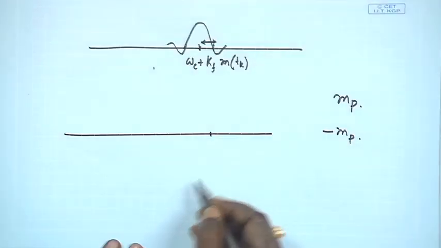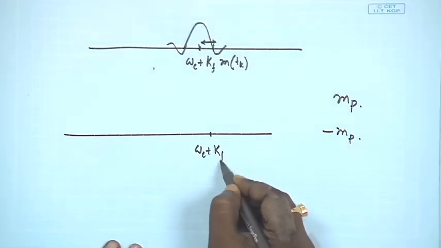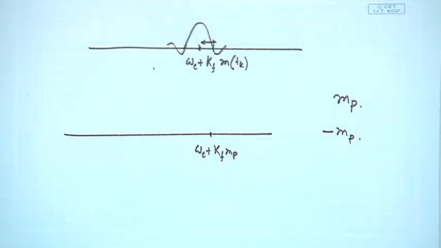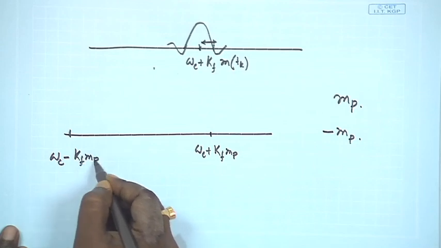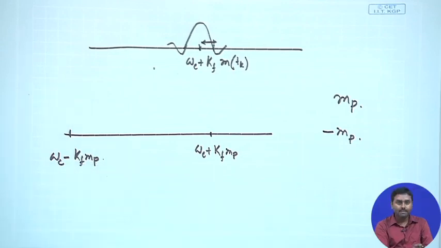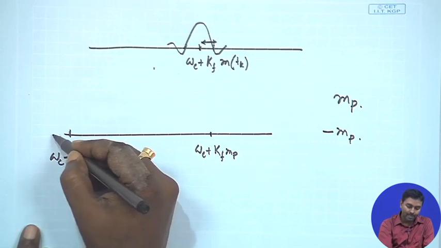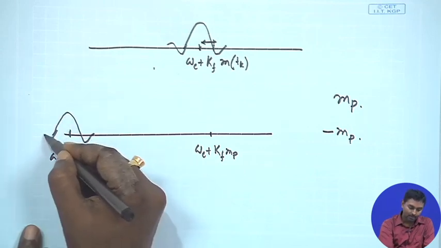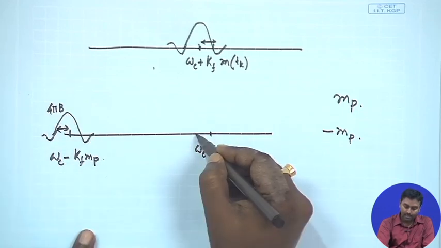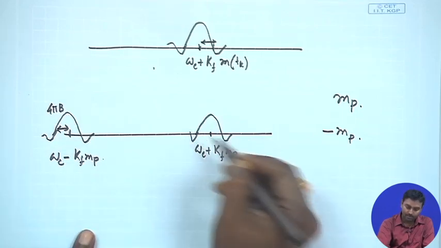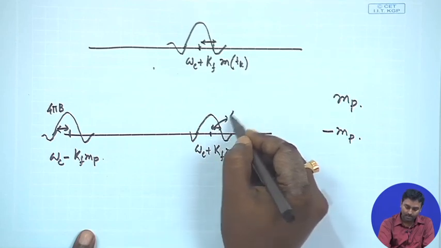But the maximum will be populated at omega c plus kf MP, it will not go beyond this, and the minimum should be at omega c minus kf into MP, it cannot be anything less than this, and then there will be a sinc on top of this. Here it is 4 pi B and there will be a sinc on top of this, this is 4 pi B.